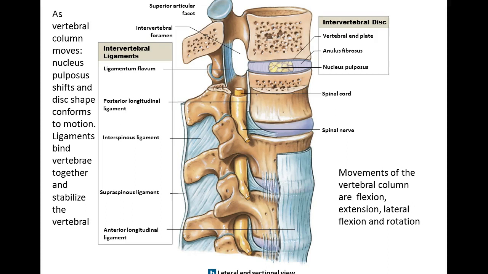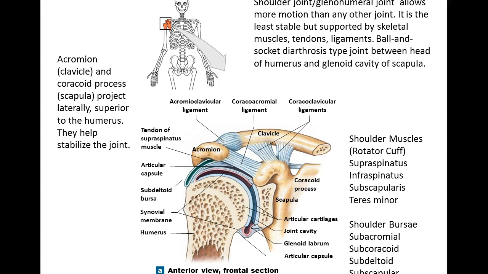And frankly, we would have many problems if we didn't have these vertebral discs. And we also enjoy the fact that we have movement in many directions in the vertebral column. And then you have your shoulder joint. With the shoulder joint, this is ball and socket. You have the acromion and coracoid process.